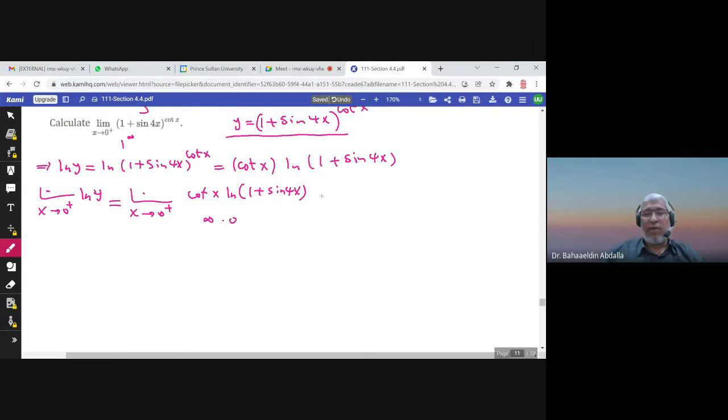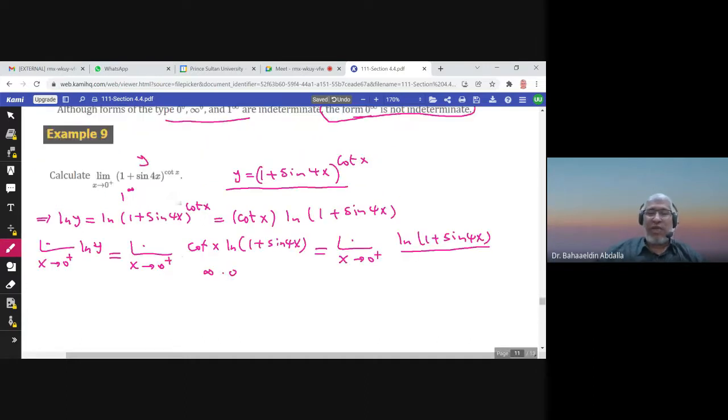You remember in this type, infinity times 0, what to do? There is a special video about that if you want. So we write it ln of 1 plus sine 4x over, we try to write one of the functions down, and this is cotan x.